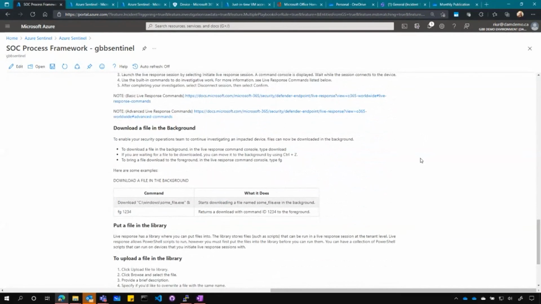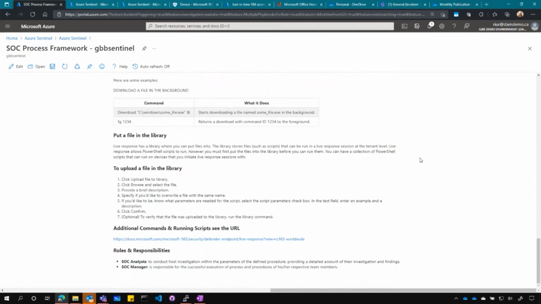In this next section, then we call out downloading a file in the background, bringing those files over, putting that file into a library or a repository, how to upload that file, what to do with it, and how to look at it. And then any additional commands or running scripts, we've also given you some documentation links that will really help you see what you need to do from that side.